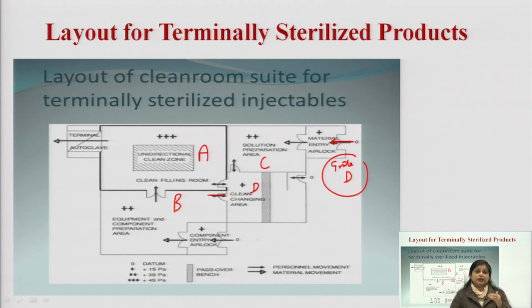So you have to maintain personal hygiene when moving from grade D to grade C. And when you move from grade C to grade B, it will be much less contaminated as compared to D and C.